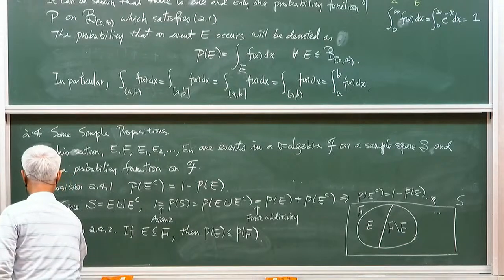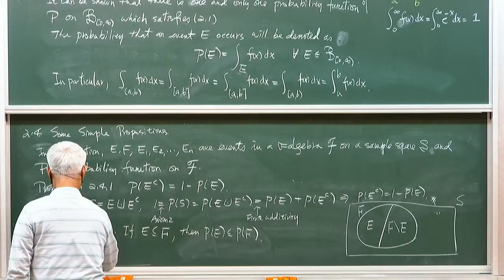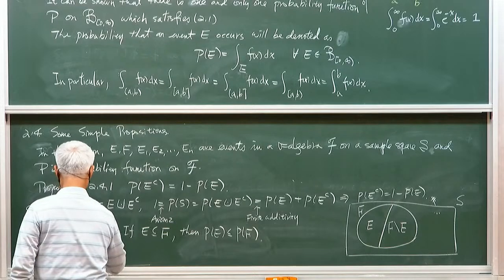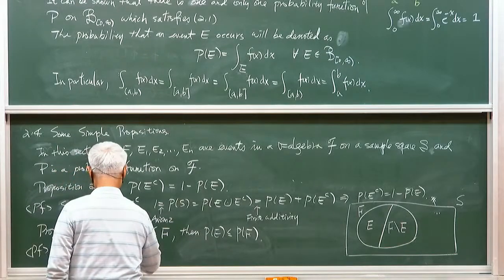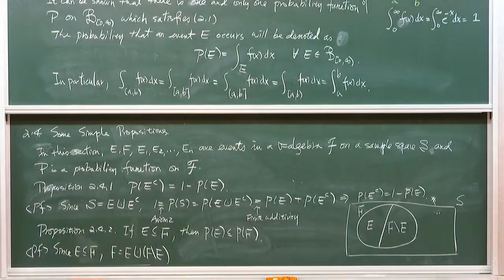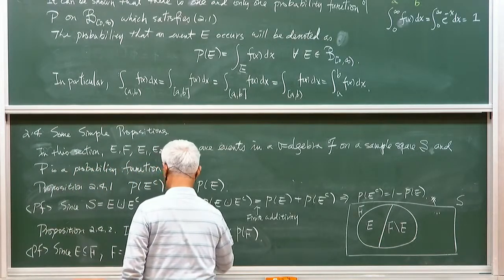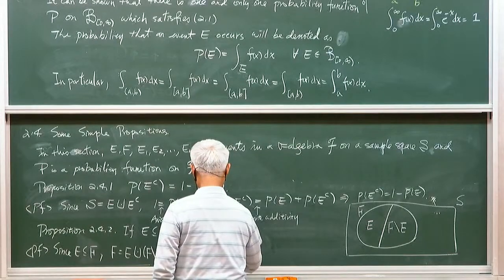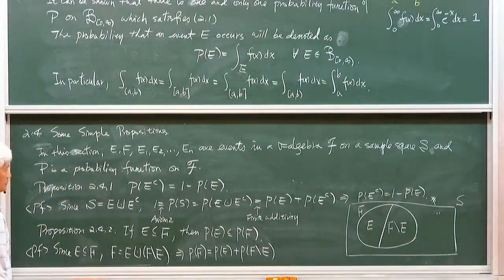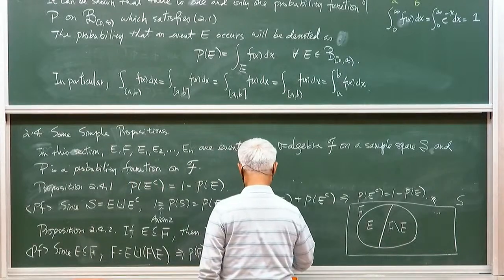The proof is quite similar to that. Since E is a subset of F, F is actually the disjoint union of E and F minus E. This implies that the probability of F is equal to the probability of E plus the probability of F minus E, by finite additivity.